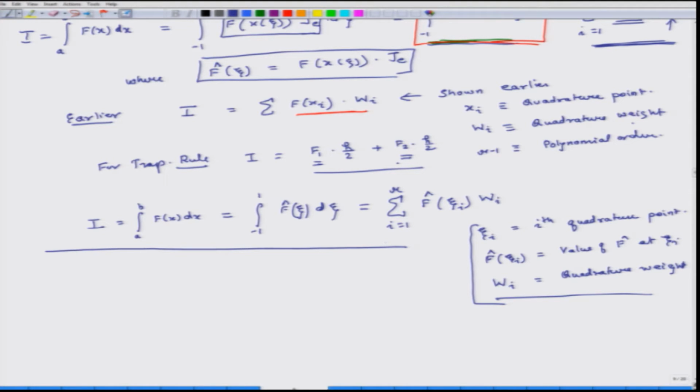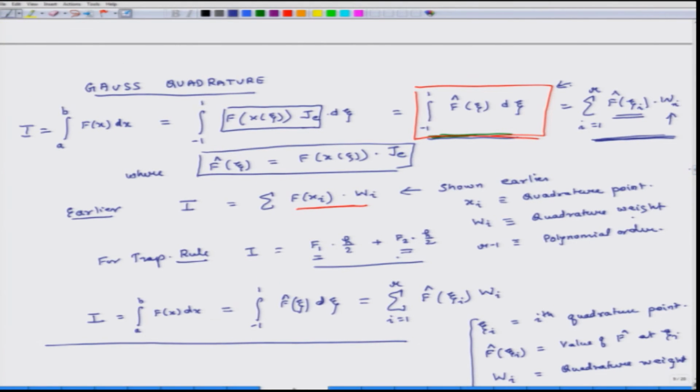Now, in trapezoidal rule, there is a very fundamental difference between Gauss quadrature and trapezoidal and Simpson rule and some other integration schemes.